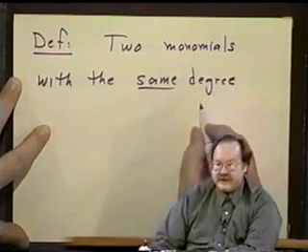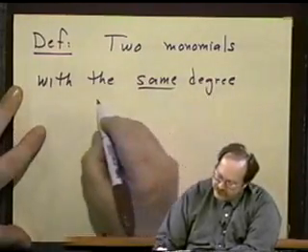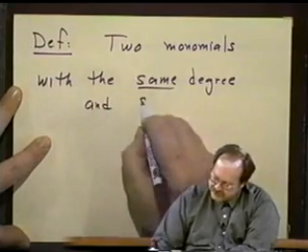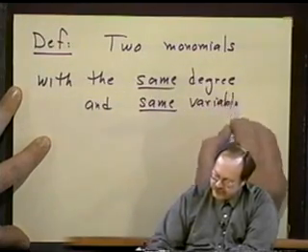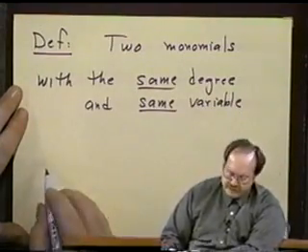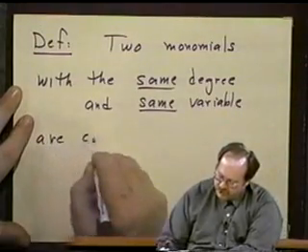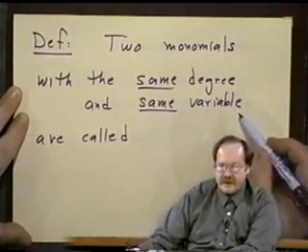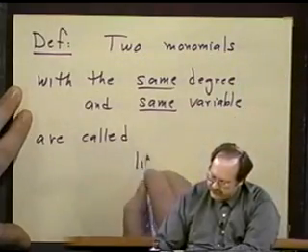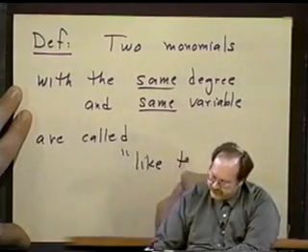Remember what degree is? It is the power of the variable, and same variable. So they both are x's, say. If you have two monomials with the same degree and the same variable, they are called like terms.